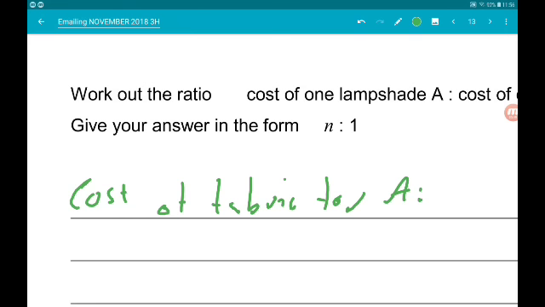It costs £400 per metre squared. So imagine we had 2 metres squared, we would do 400 times 2. If we had 10 metres squared, we'd do 400 times 10. If we have 0.11 metres squared, we do 0.11 times 400.